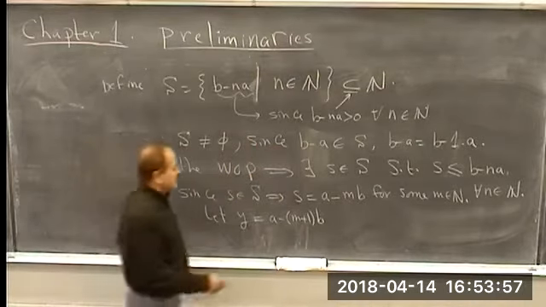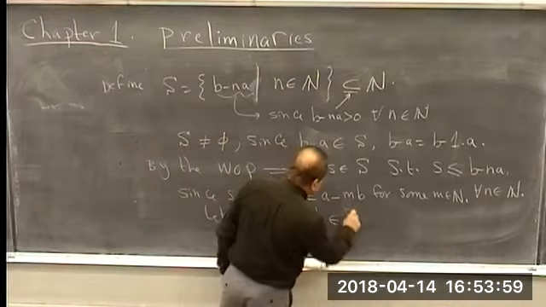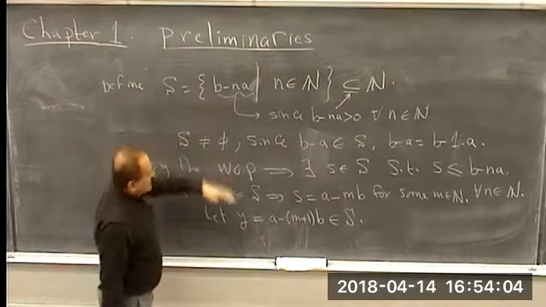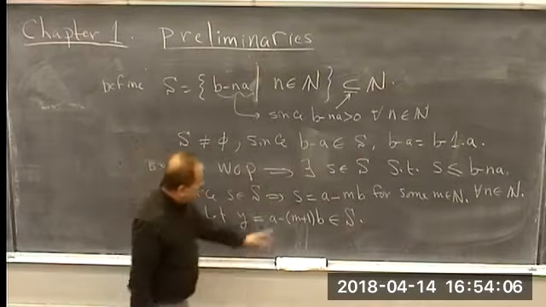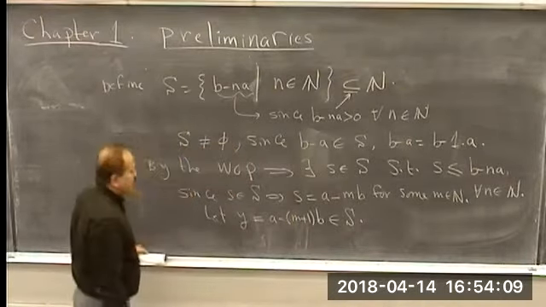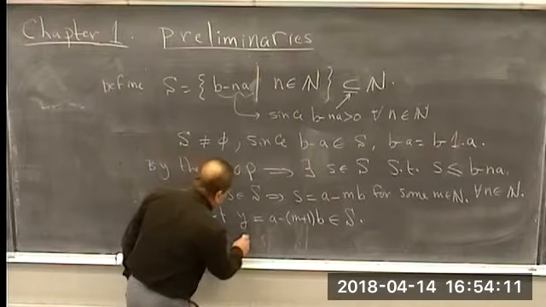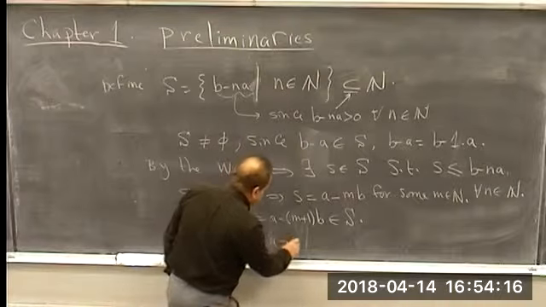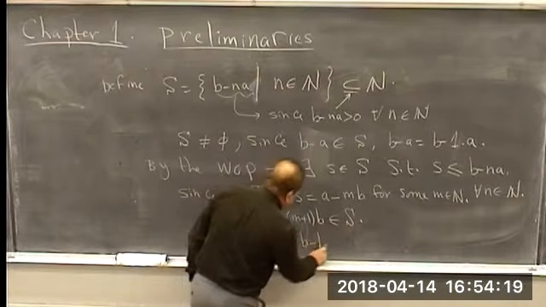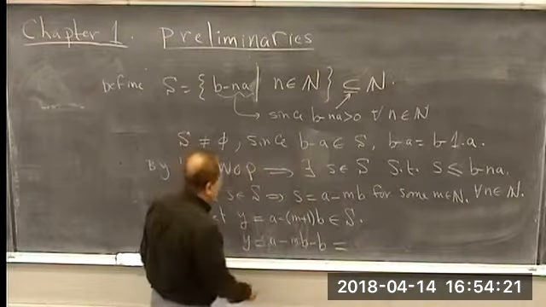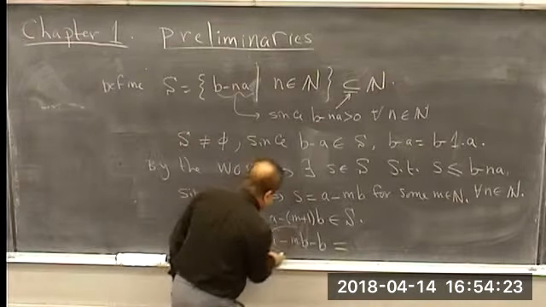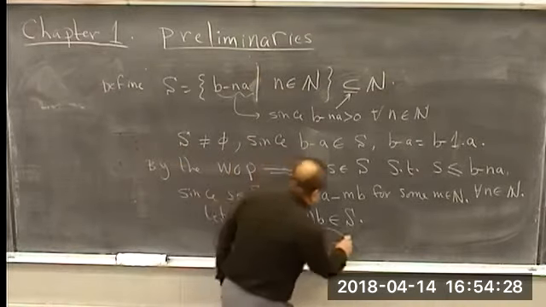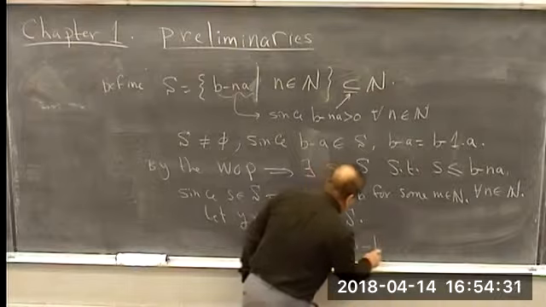Now, I know this is in S, because it does have the form of the elements of S, a minus a natural multiple of b. Let's look at what this is equal to. This is equal to a minus mb minus b, and a minus mb is equal to s, so this is s minus b.